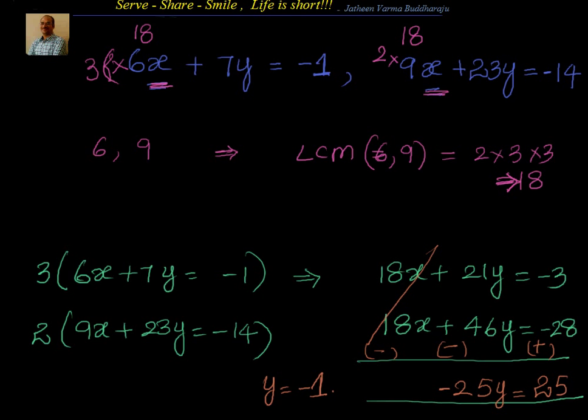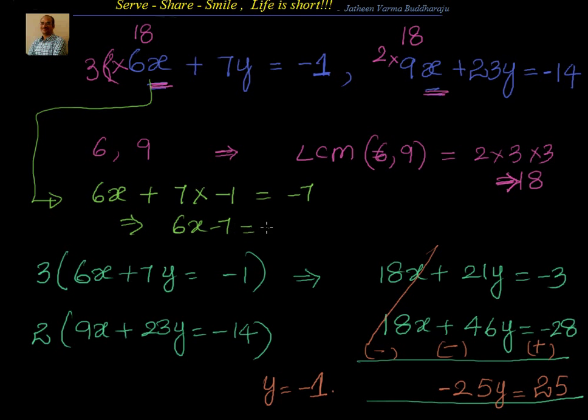If I got y equal to minus 1, then obviously I can easily find out the value of x. For that I will go to this equation and say 6x plus 7 into y, that is minus 1, equal to minus 1. I can also say 6x minus 7 equal to minus 1, that is 6x equal to 6.